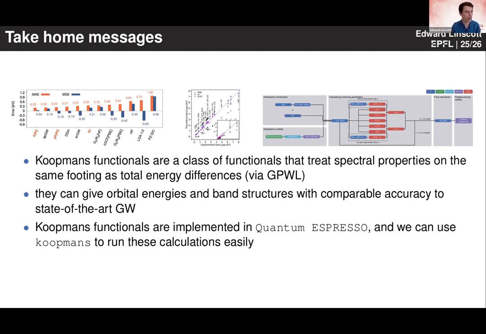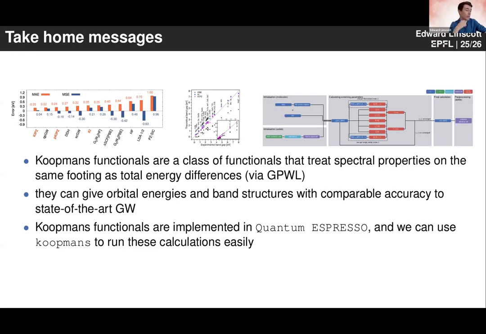I want to stress that what we calculate here and what we correct are primarily eigenvalues. For the KI functional, it has the same total energy, and by extension the same forces, as the base PBE functional.